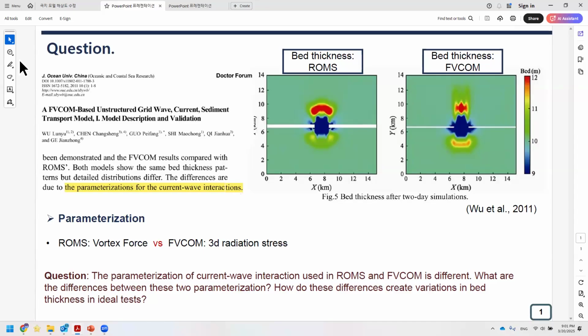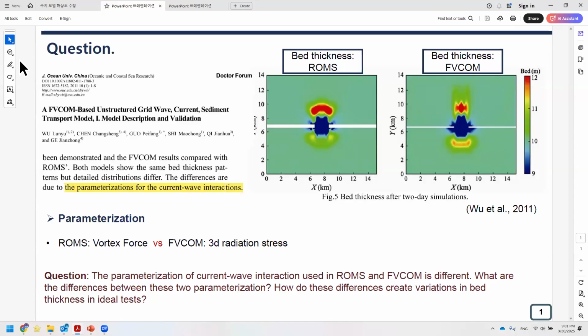The second difference is that for wave-current interaction we use the radiation stress, but radiation stress has different versions. George Mellor developed many methods: there is a 2005 version, a 2008 version, and it keeps changing.